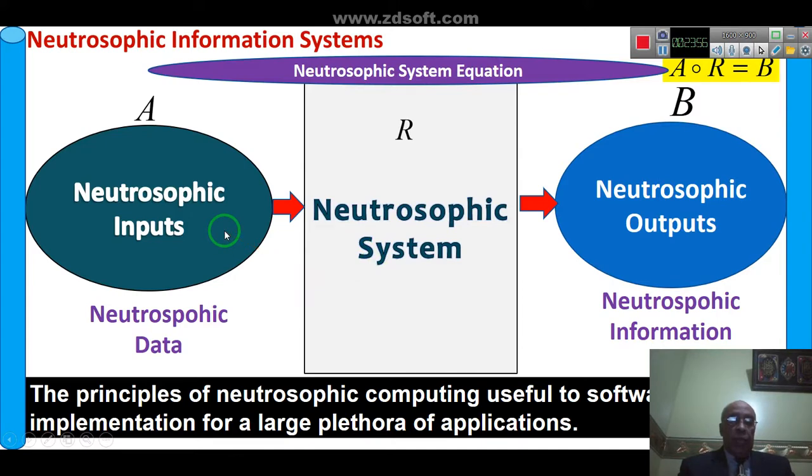A is neutrosophic data, B is neutrosophic information, R is a neutrosophic system. The principle of neutrosophic computing is useful for two software implementations for large-scale applications.